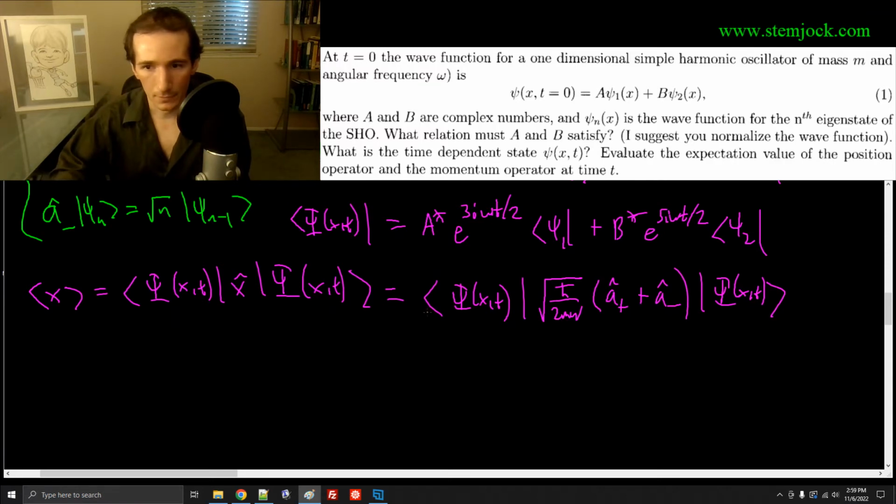So again, this expectation, or this inner product, represents an integral. So I'm going to bring this constant out in front.